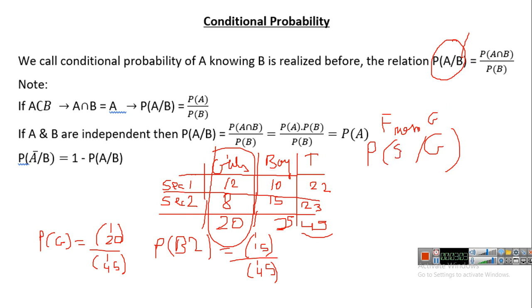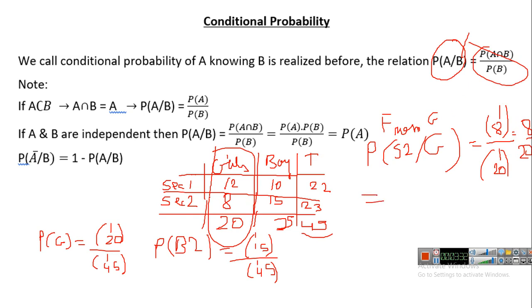From the set of girls, find the probability of picking from secondary 2. In girls, how many from secondary 2 do I have? I have 8. So I want to pick one out of 8 over total here, 1 out of 20. The answer will be 8 over 20. And if I want to do the property as it is here, I want girls and from secondary 2.